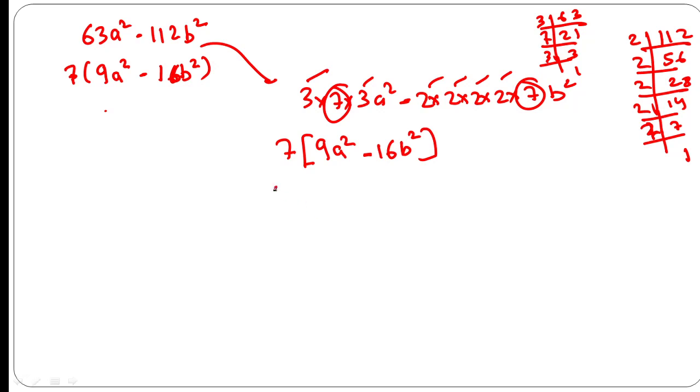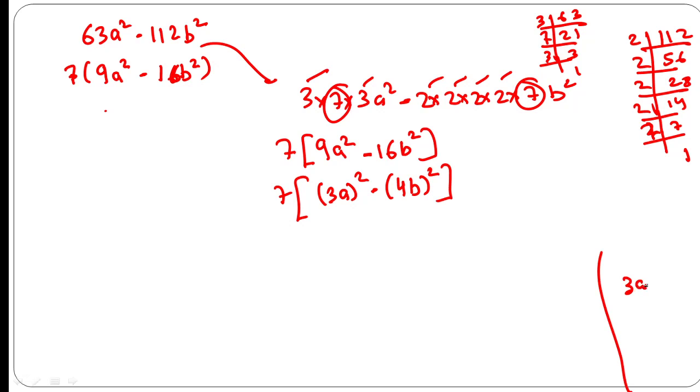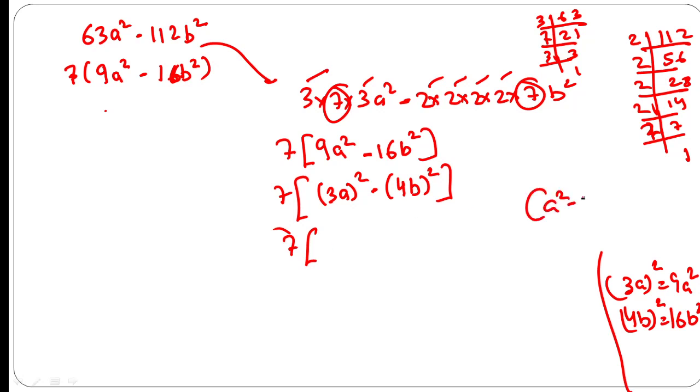Now you will represent this 9a square as 3a whole square, and this 16b square as 4b whole square, because the value of 3a whole square is 9a square and the value of 4b whole square is 16b square. So this is your required formula, a square minus b square, which equals a plus b and a minus b.